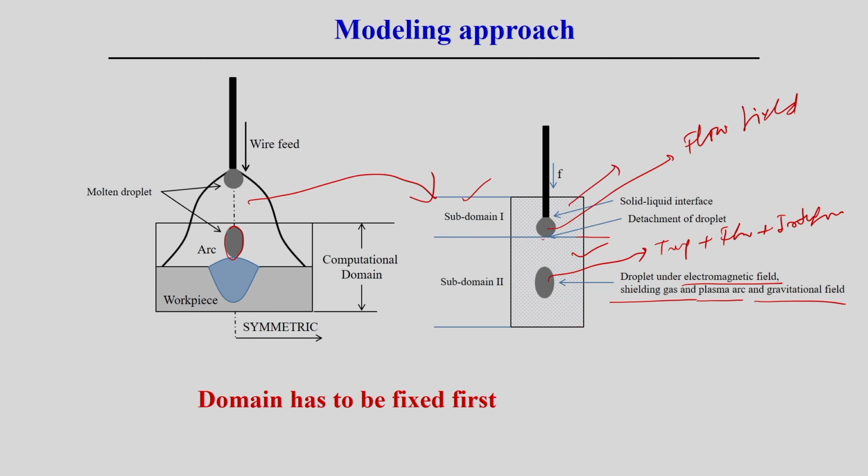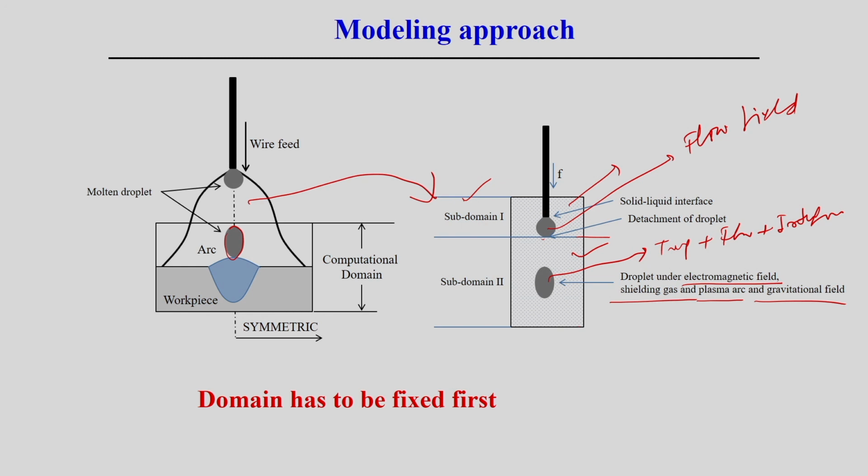Therefore, in this computational domain touching the workpiece, everything happens under the influence of the arc. We can consider this up to here as a computational domain, and then predict the free surface profile under the influence of the arc pressure, the electromagnetic field, or maybe the flow field of the shielding gas.